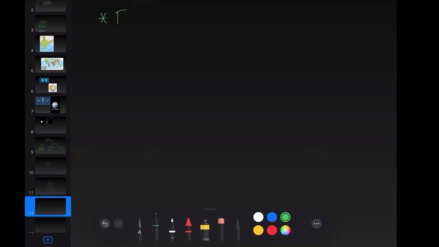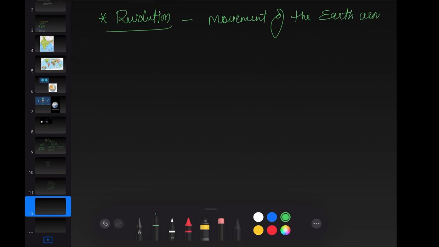Now let's understand revolution. Revolution is the movement of the earth around the sun in an elliptical orbit.